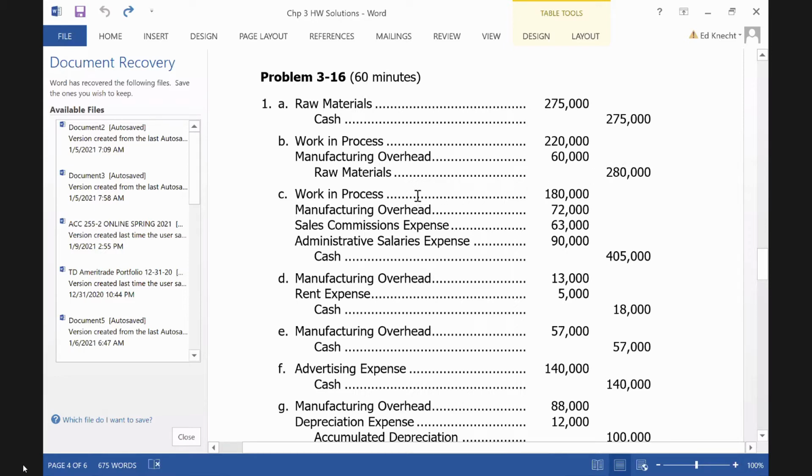Next, we paid cash to employees for the direct labor, $180,000, indirect $72,000, sales commission $63,000, administrative salaries $90,000. So the direct labor, we're going to debit work in process. The actual direct labor goes to work in process, debit that account.